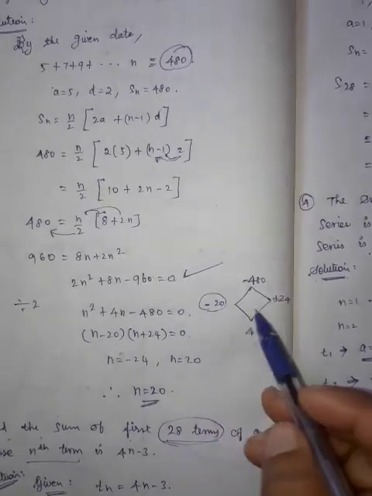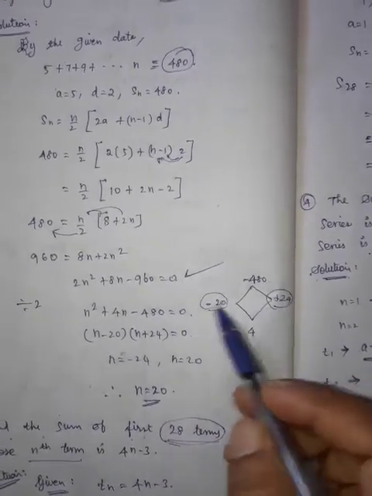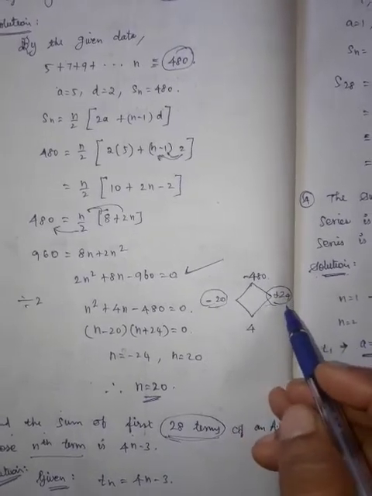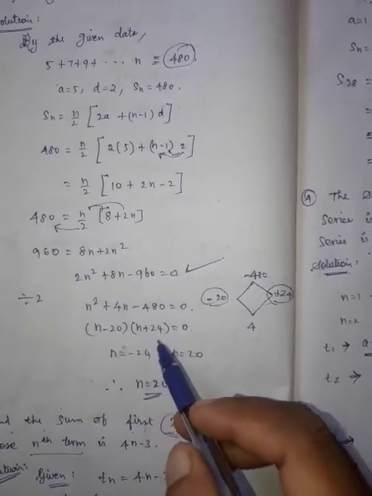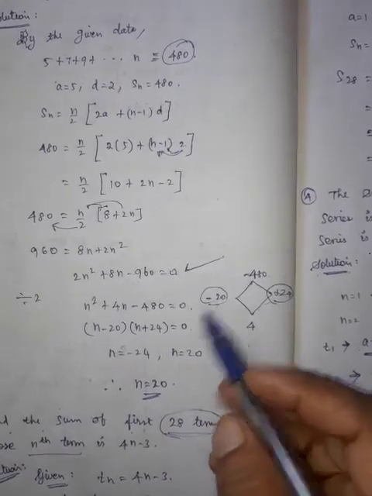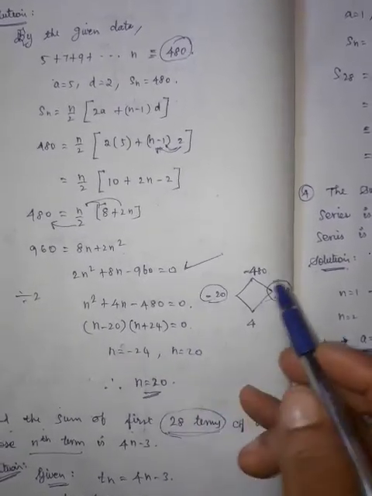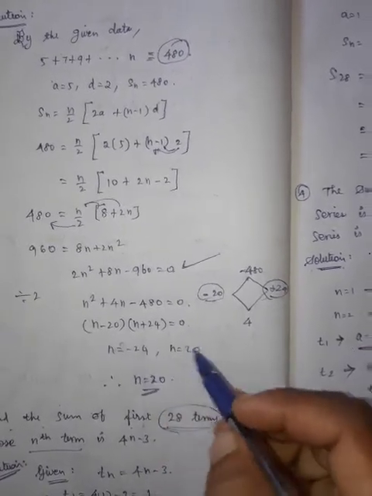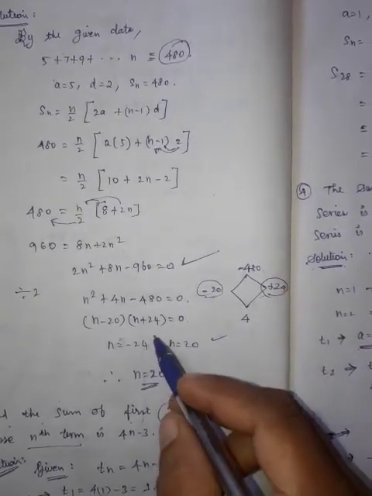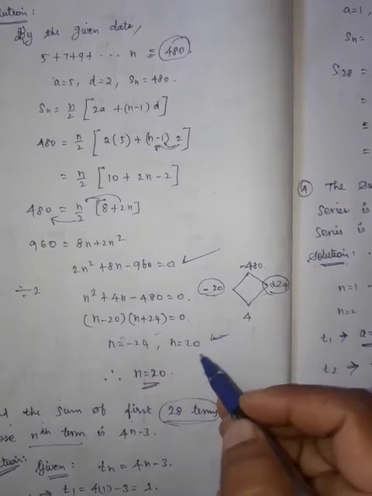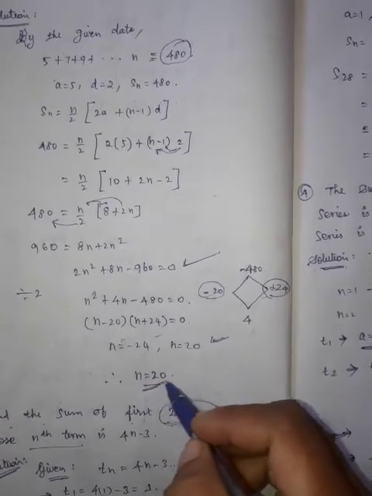The factors are minus 20 and plus 24. So n equal to 20, since a negative value is not possible, only the positive value. So n equal to 20.